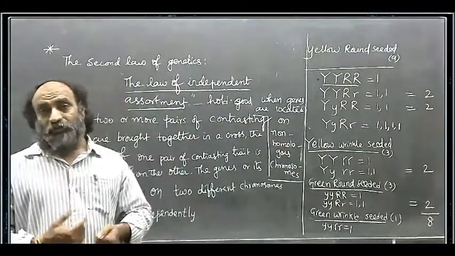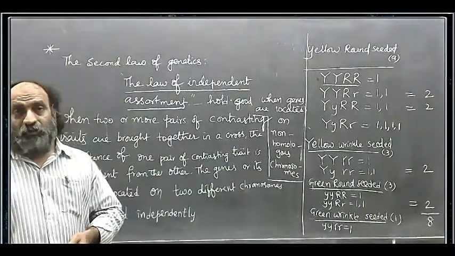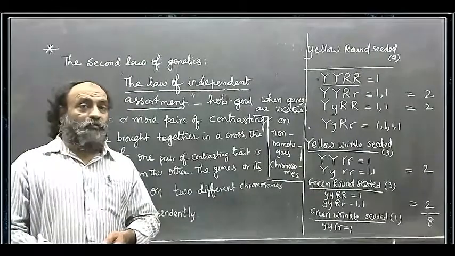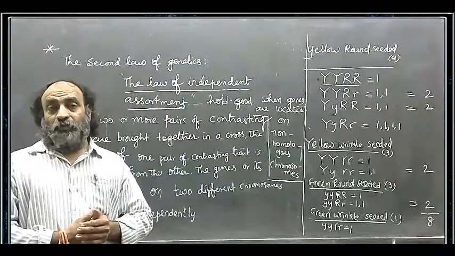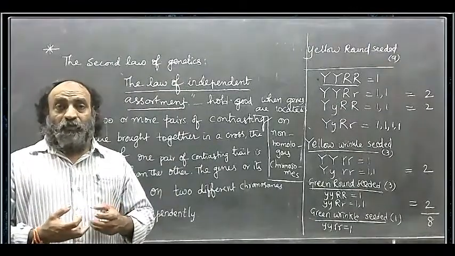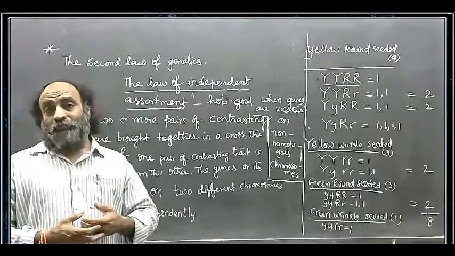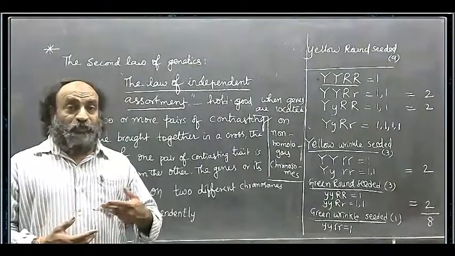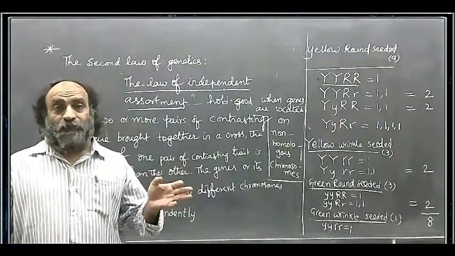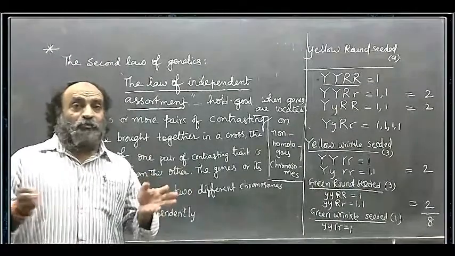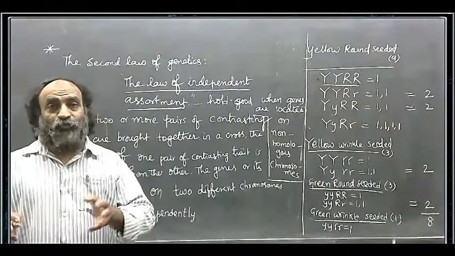In examinations, you will be given an essay question for 8 marks about the dihybrid cross. Sometimes they will give the combination in the question also. There is no hard and fast rule that round yellow seeds versus wrinkled green seeds should be given.